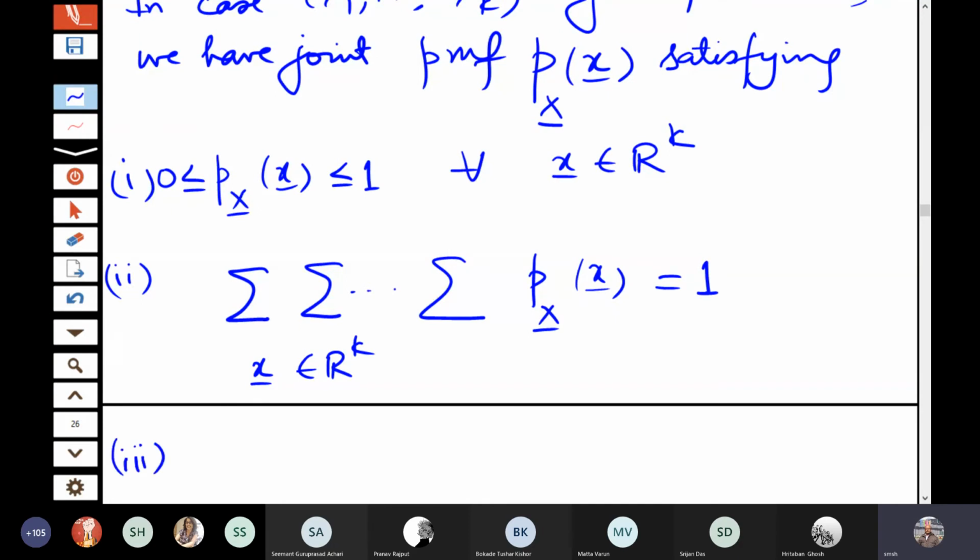And of course, the PMF denotes the probability of the point.